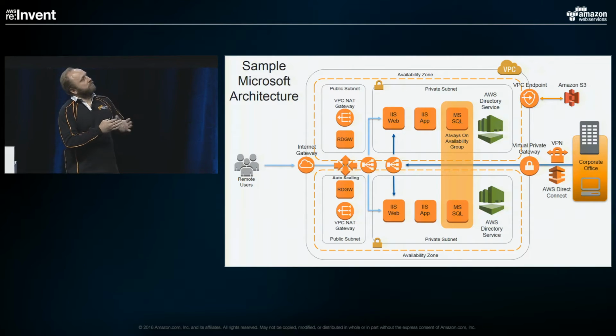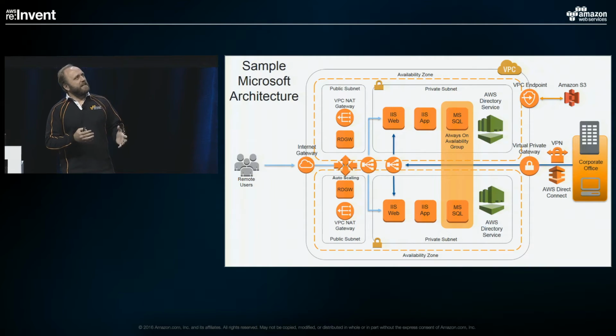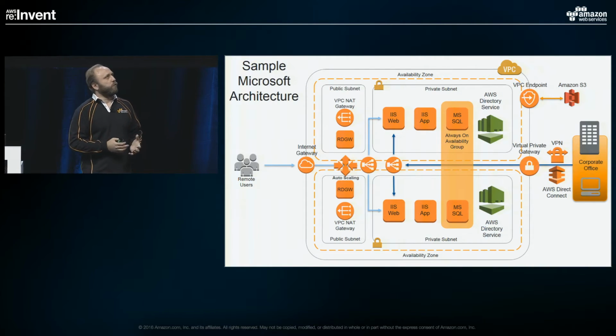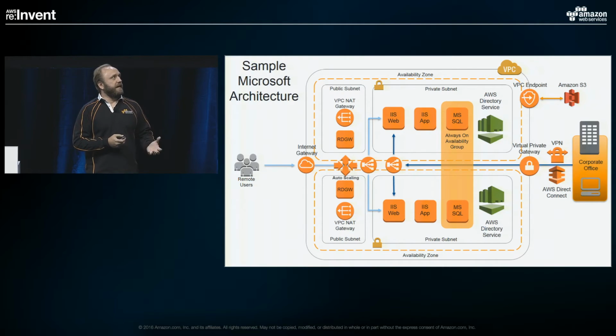There's another aspect: you can have a protected subnet, which doesn't even have any routing to the VPC NAT gateways for any pulling of data from the outside.